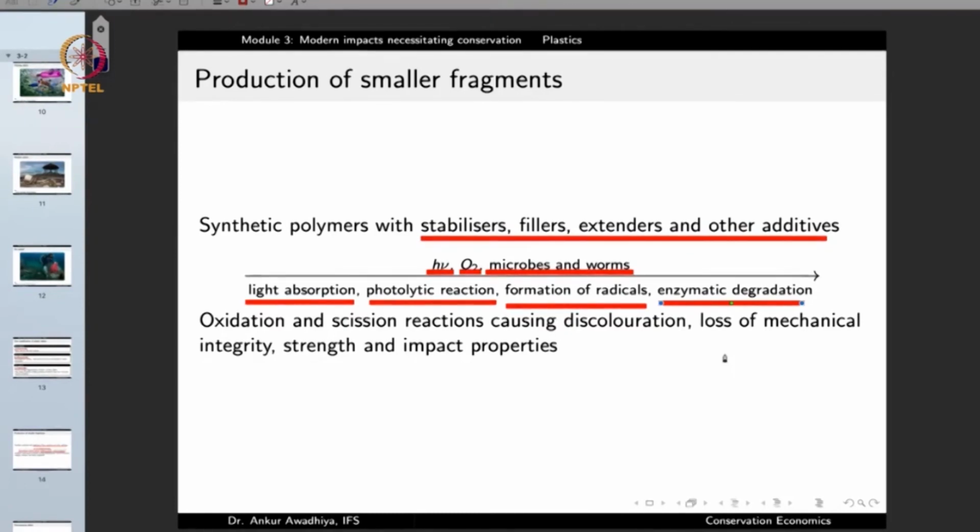And because of all these reactions, you have oxidation and you have scission. Now, scission is again a process of breaking down or cutting down. So, oxidation and scission reactions will lead to discoloration, loss of mechanical integrity, strength, and impact properties of the plastics, and slowly and steadily, the plastics will start breaking into smaller fragments.